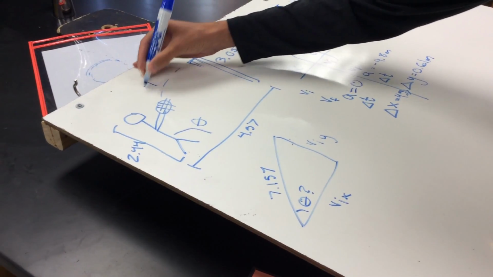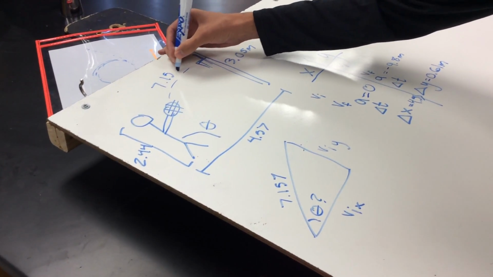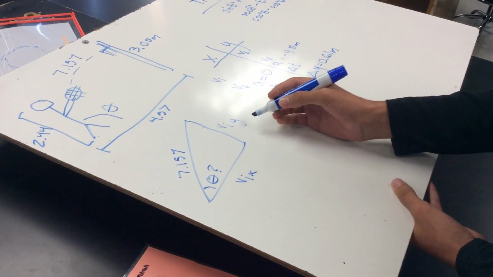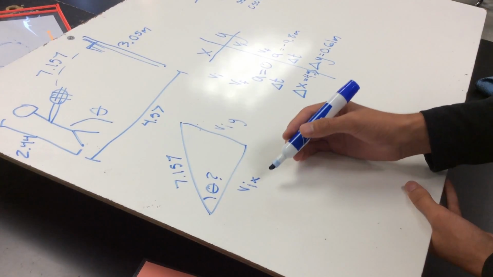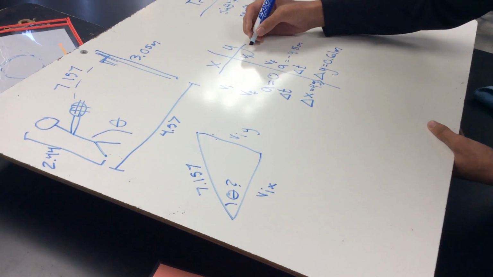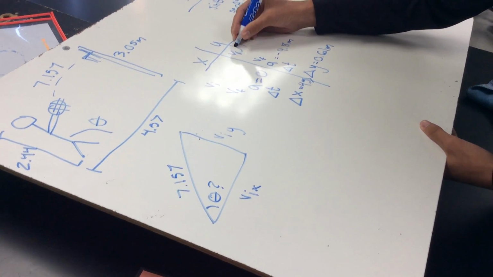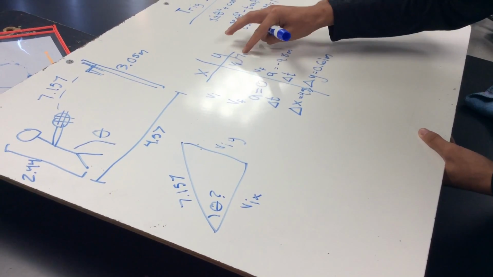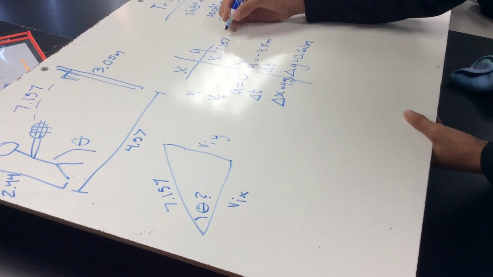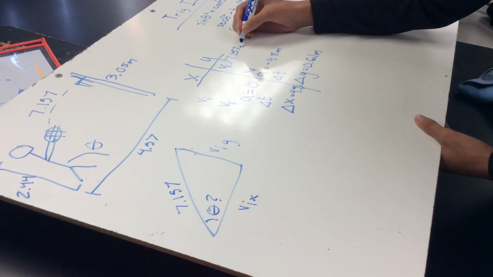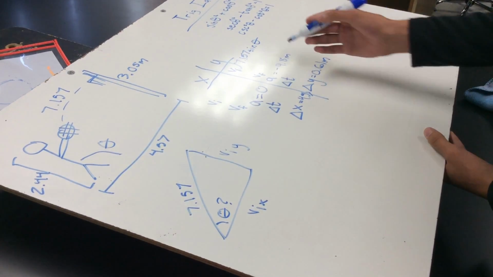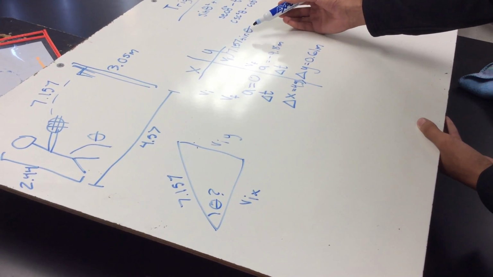That's the velocity that he's shooting the basketball at. So basically, since you don't know the angle, your initial velocity of y and initial velocity of x are going to be abstract. So 7.157 sine of theta is going to be the initial velocity of y.